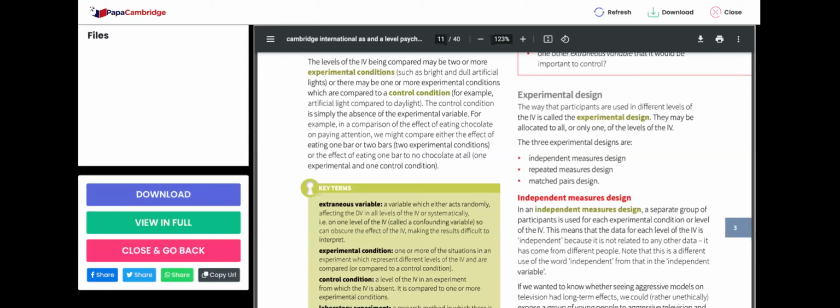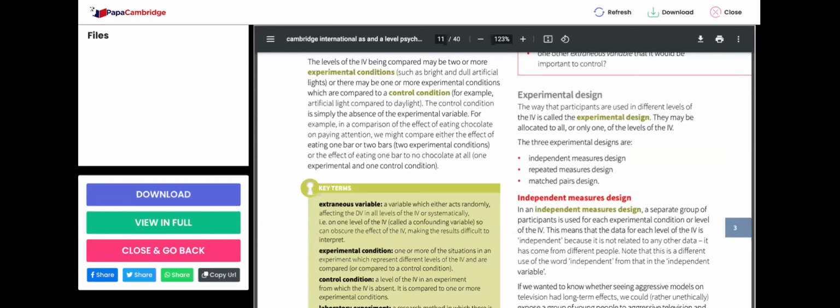compared to my repeated measures design, which basically means that I am going to repeat the people. So for example, if I am using five girls in the first chocolate bar experiment, I'm going to do the first bar experiment first, then I'm going to feed the same girls another chocolate bar and do the second bar experiment with the same girls.